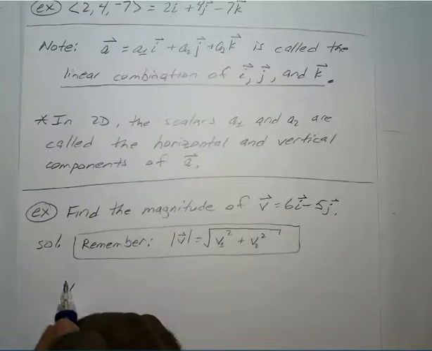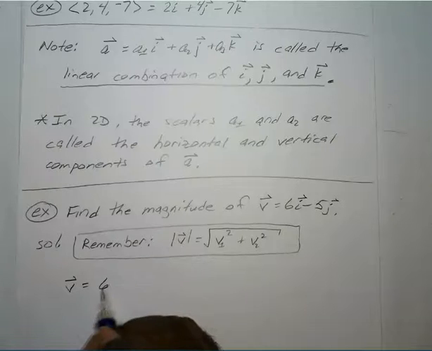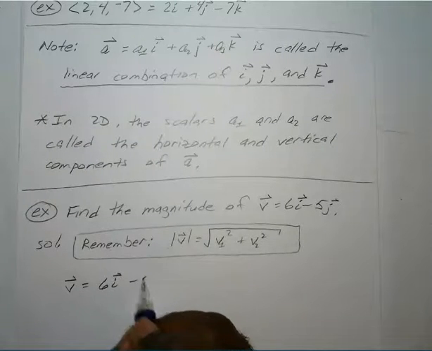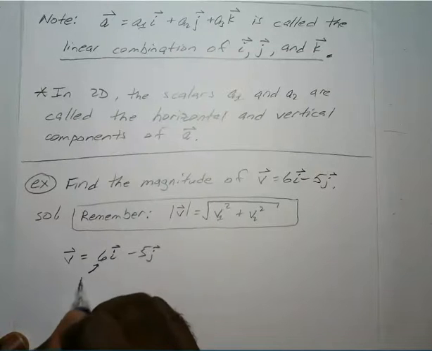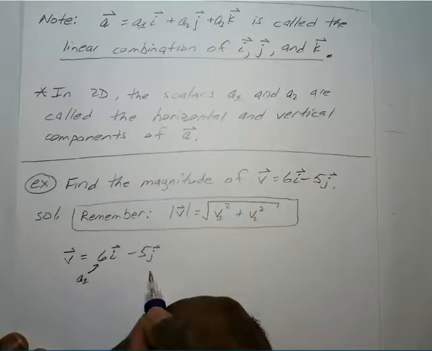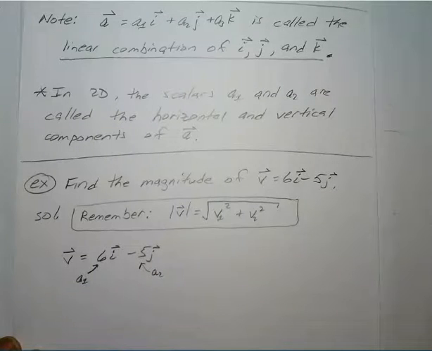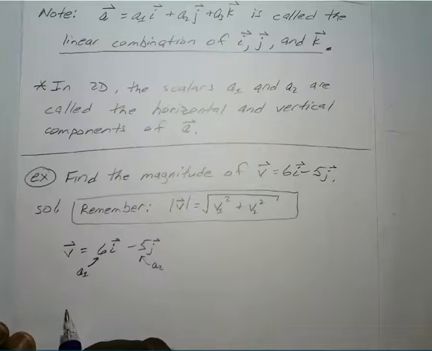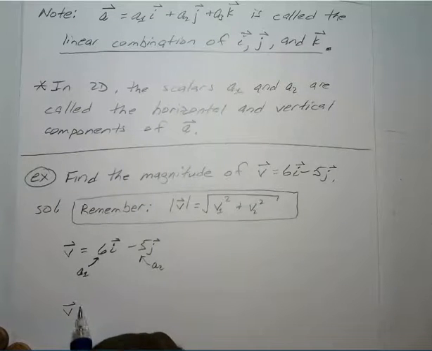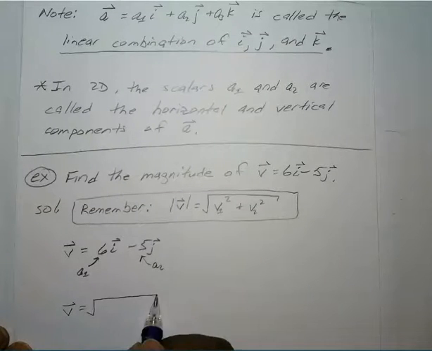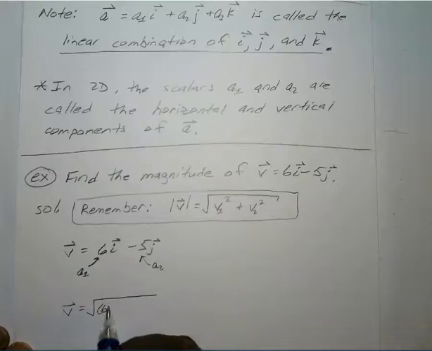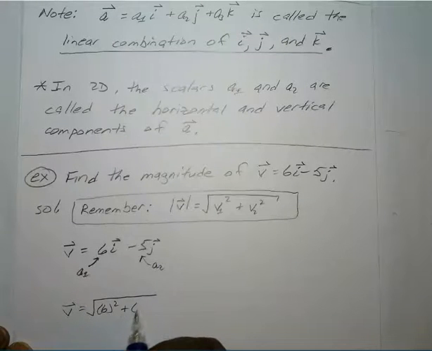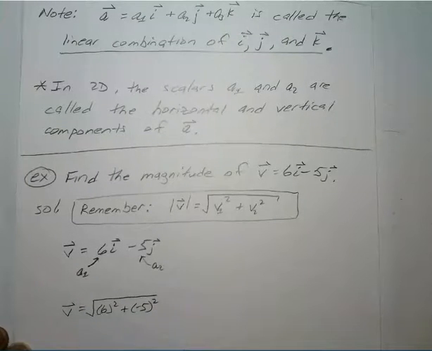Okay, so if our v vector is equal to 6 times i vector minus 5 times the j vector, remember the 6 is your first component, and your second component is the negative 5. So if we plug it into that formula, you have the square root of 6 squared plus negative 5 squared.